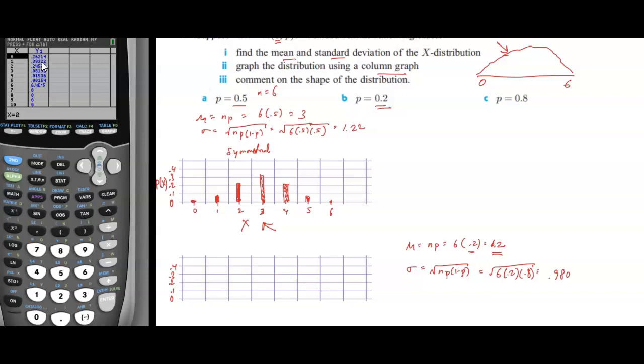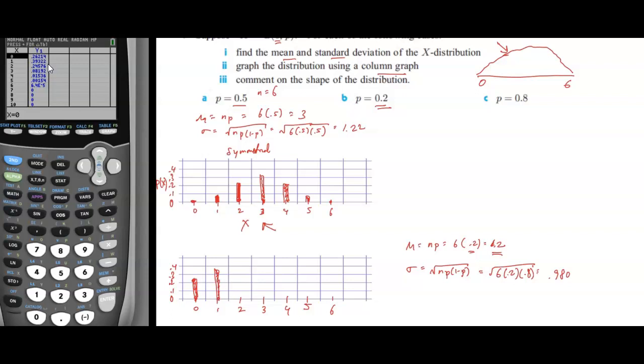Let's see. And then we'll have values 0, 1, 2, 3, 4, 5, and 6. So our value for 0 is 0.26, pretty large. About halfway between 0.2 and 0.3. Next value is 0.39. It's almost 0.4. And the next value is 0.245.